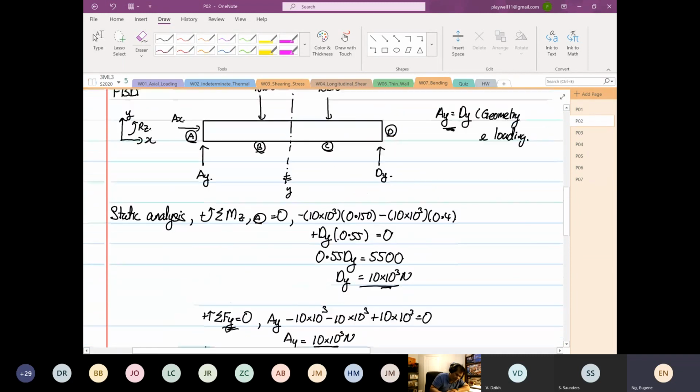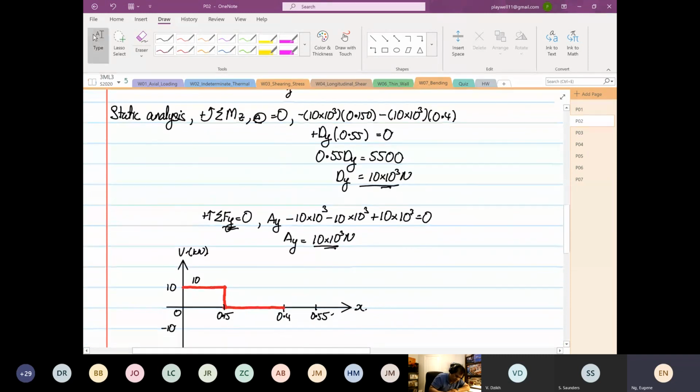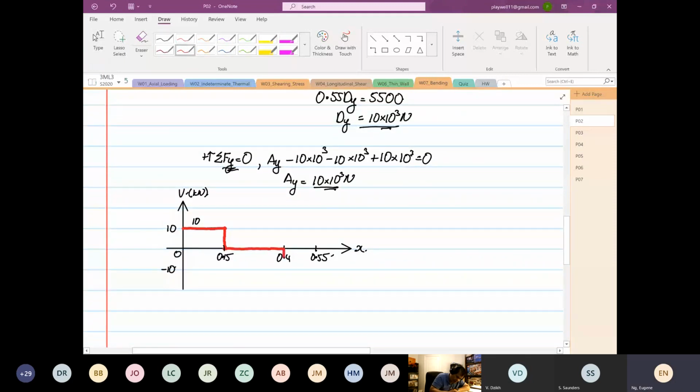And then at point C, you have another 10, and then it is horizontal. So this is your shear force diagram. Down here is where you have your minus 10. So that is your shear force.